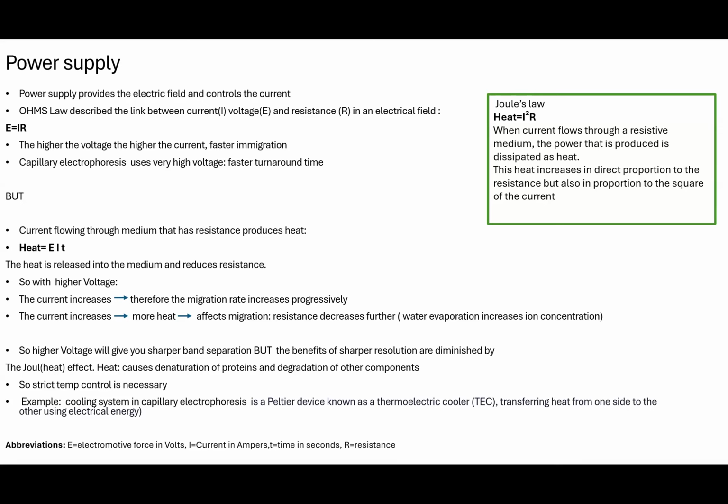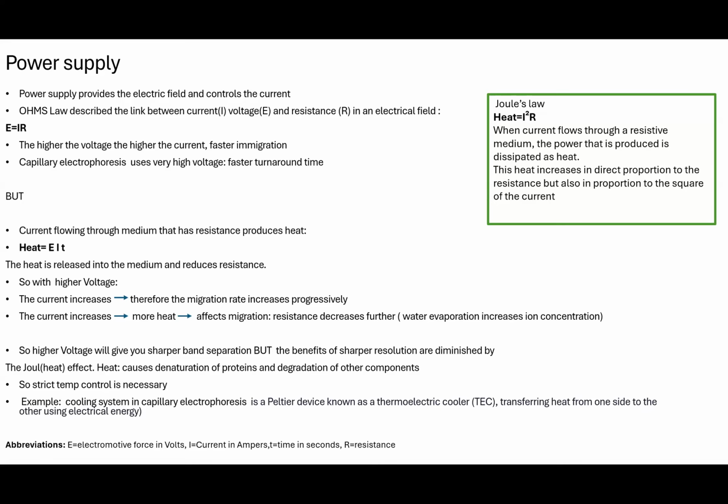But when current flows through a medium, it faces resistance, and this resistance generates heat. This heat causes all sorts of problems, but it can be calculated from the voltage applied times the current over a specific time.